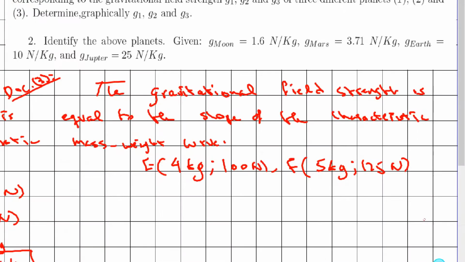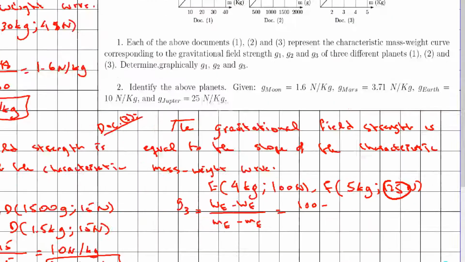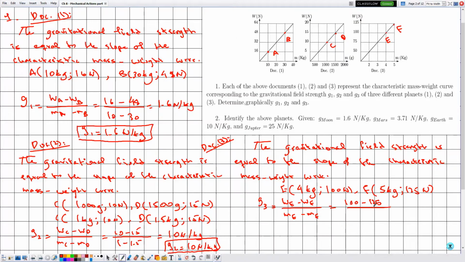So now we are done with step number 2, and the same for step number 3, because all of them are in the SI. Now we are directly ready to calculate the value of G3, which is given by the weight of the point E minus the weight of the point F, divided by the mass of the point E minus the mass of the point F. So the weight of the point E is 100 minus that of F, over the mass of E, which is 4, minus the mass of F, which is 5.